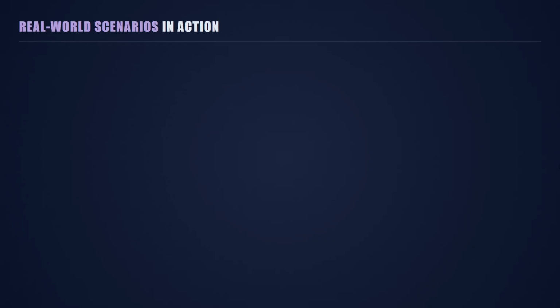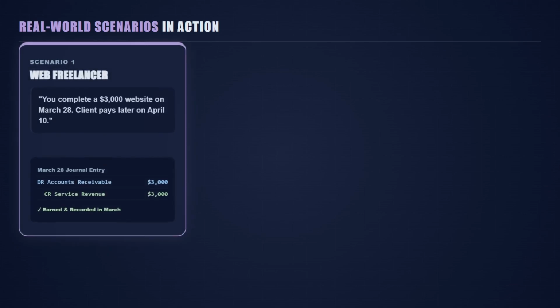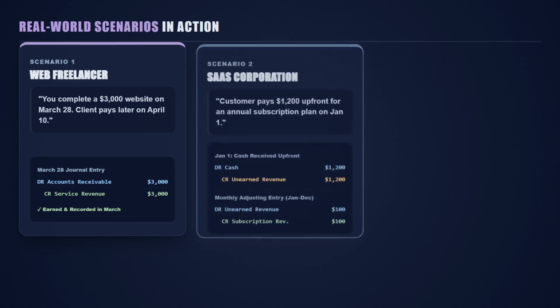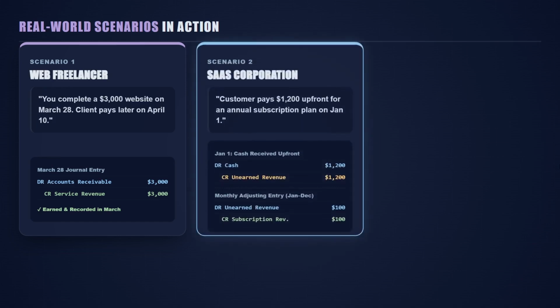Example number 1. Web design freelancer. You complete a $3,000 website on March 28th. Client pays April 10th. The March entry is debit accounts receivable $3,000, credit revenue $3,000. Example number 2. SaaS company. Customer pays $1,200 upfront for annual subscription on January 1st.